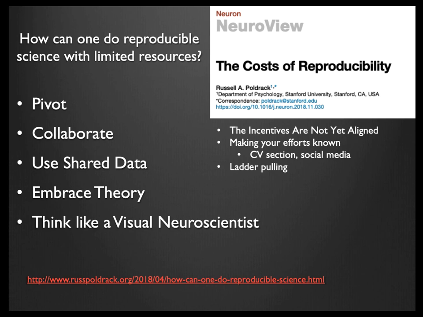And the other thing that Russ has a paragraph about is ladder pulling, which is precisely Dan's comment, that everybody who is at the top of the field now, who has been here for 20 years, has some skeletons in their closets. They have some papers that were published that were underpowered. And some of those papers are very well cited, and some of them are still driving their careers, right? Every once in a while you see someone like Russ Poldrack who says, actually this one, not true.